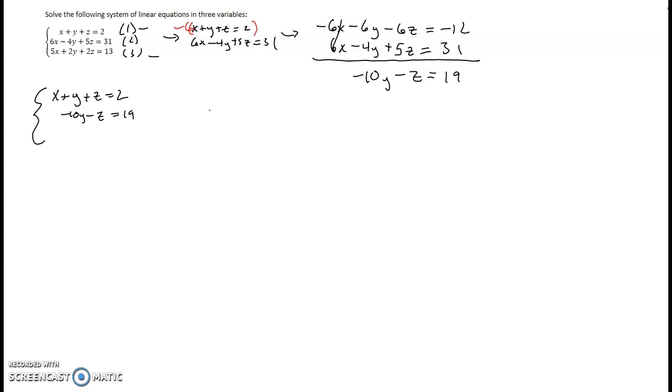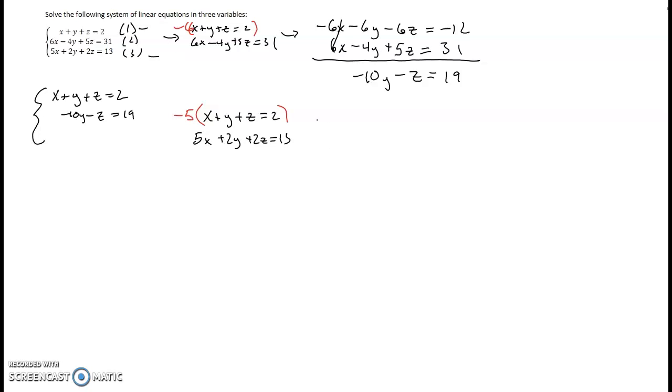Now we're going to do a similar thing with equations 1 and 3. So we're going to take equation 1, which is, again, x plus y plus z equals 2, and then our third equation, which is 5x plus 2y plus 2z equals 13. We're going to try to eliminate the x's, so I'm going to multiply the top equation, again number 1, by -5.